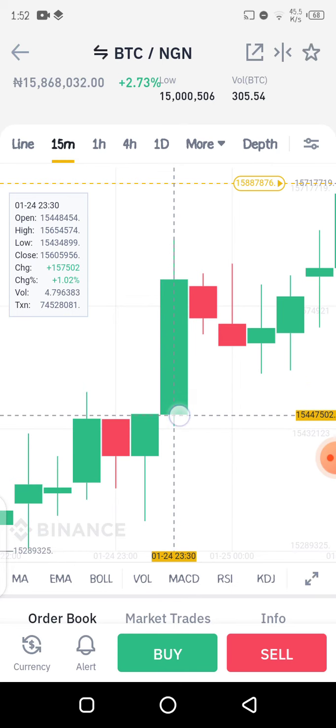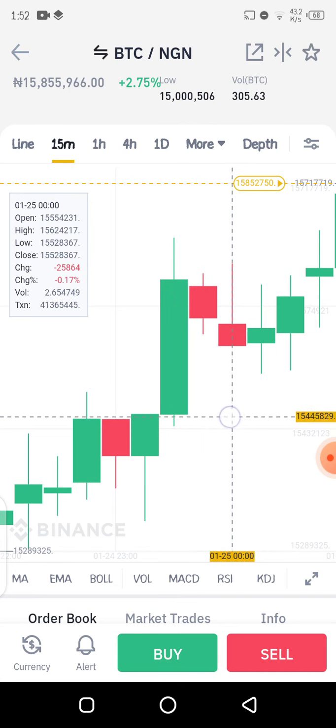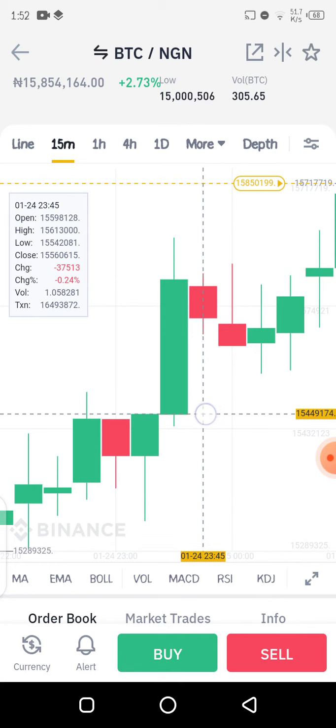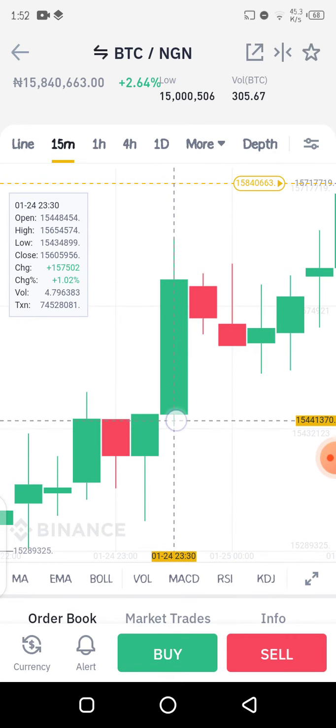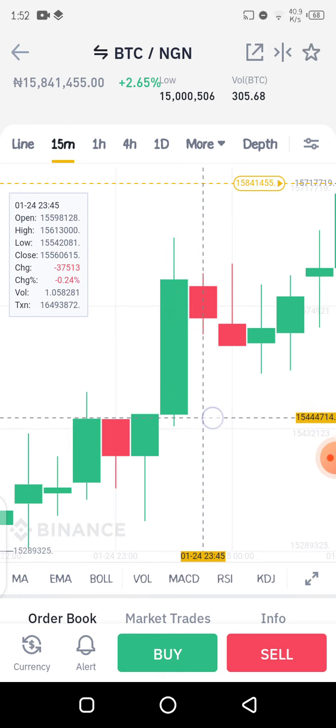Now, what does this candle mean here? It means it started at the new 50 minutes for this candle. The buying activities started at the base here and went up.